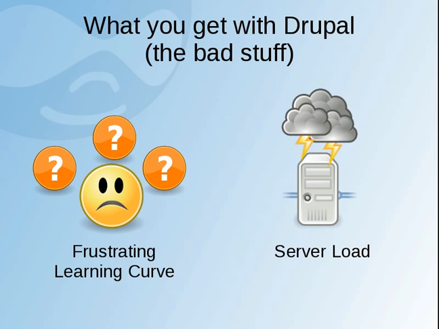Another problem with Drupal can be that there's server load, mainly load on the database. The way that Drupal is designed modularly with Mr. Potato Head is that when you call up a page from the Drupal server, every module that you're using hooks into that page request. And so each module does its own database query.